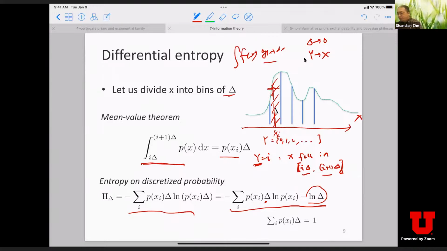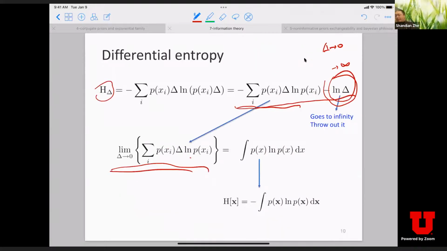So when delta goes to 0, this becomes a Riemann integral, and essentially it becomes the integral of the probability density P of x times logarithm P of x dx, right? Basically, the term P of x times delta becomes P of x dx, and you replace the summation by the integral.